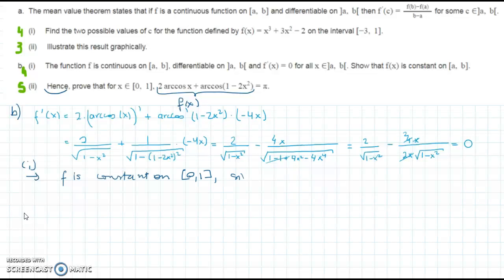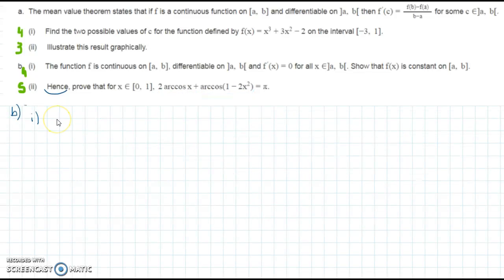And since f at 0 is equal to pi, we already checked that, f of x is equal to pi for all x belonging to the interval [0, 1], including the endpoints. So we used part B1 to prove part B2, and now we are ready to work with part B1.